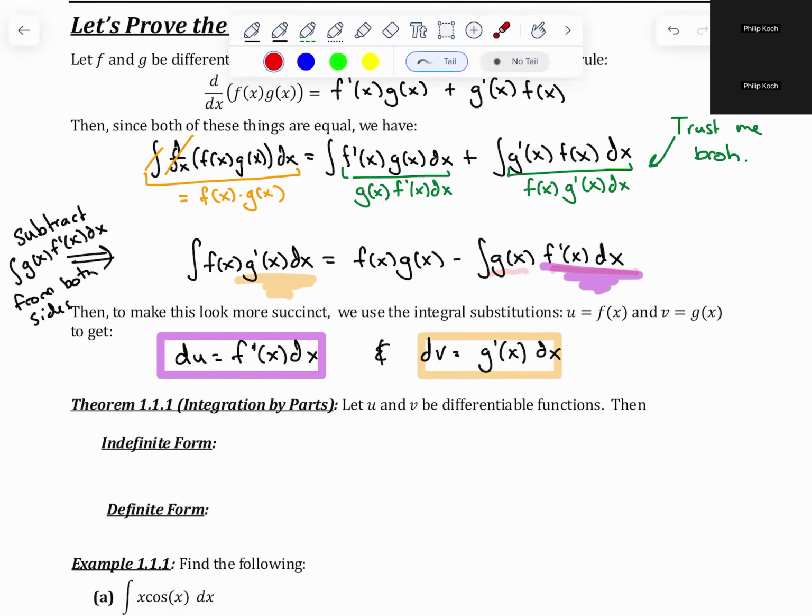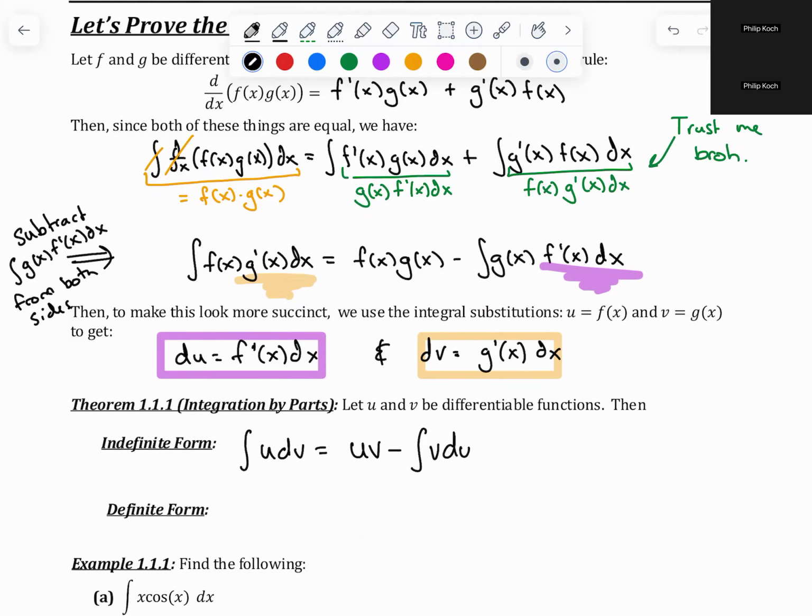So we have the integration by parts formula. It is that the integral of u dv is equal to uv minus the integral of v du, which looks pretty intimidating, and it doesn't look like it's very helpful, but as you will see, it's actually very, very useful. The definite form is really no different.